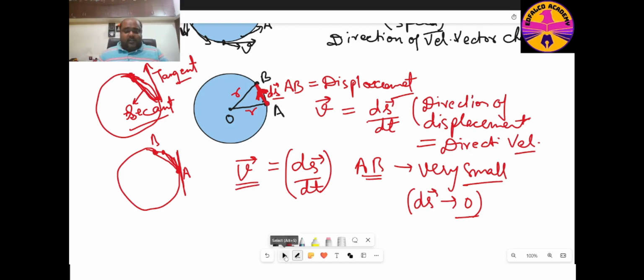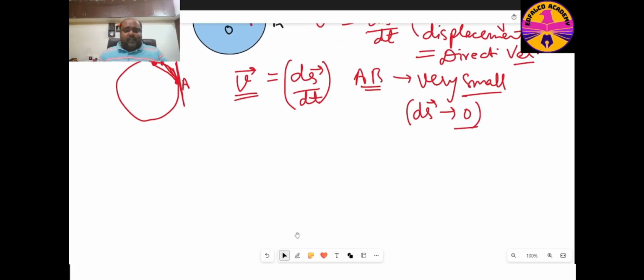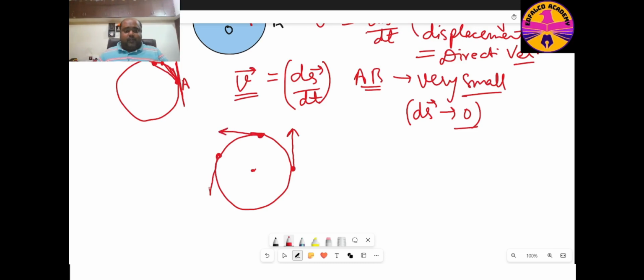And that is the reason why we say that the velocity vector in a circular motion is always tangential to the point which we are talking about. So at any point, the velocity vector is pointed in the tangent direction.